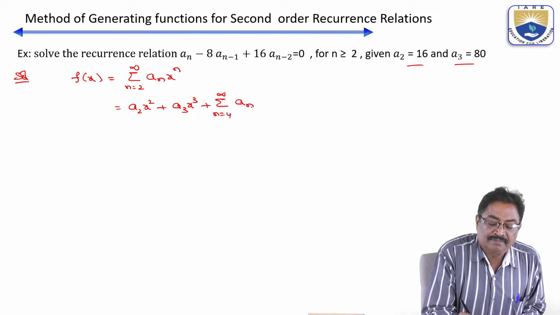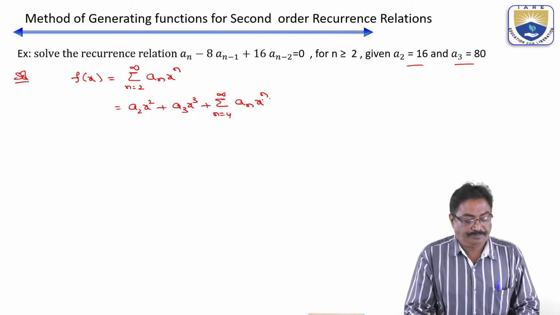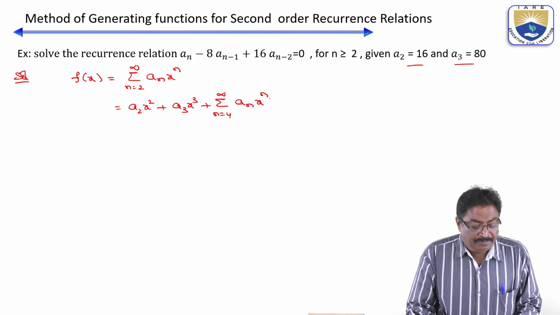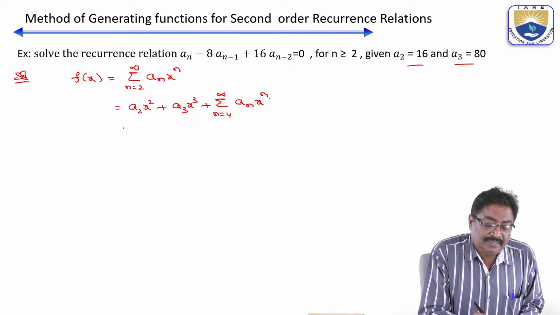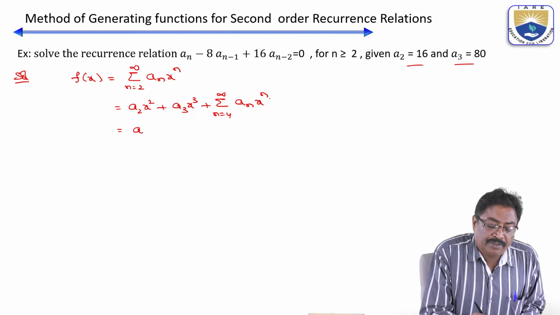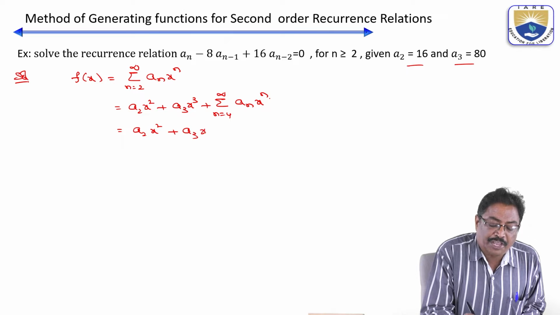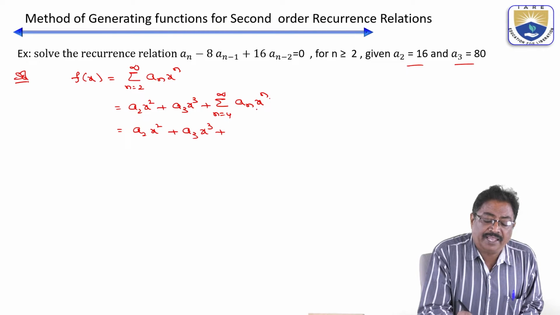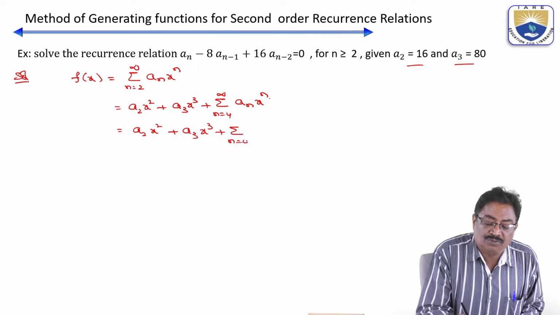Then I write it as a2 x square plus a3 x cubed plus the summation of a n, substituting n equals 4 to infinity.